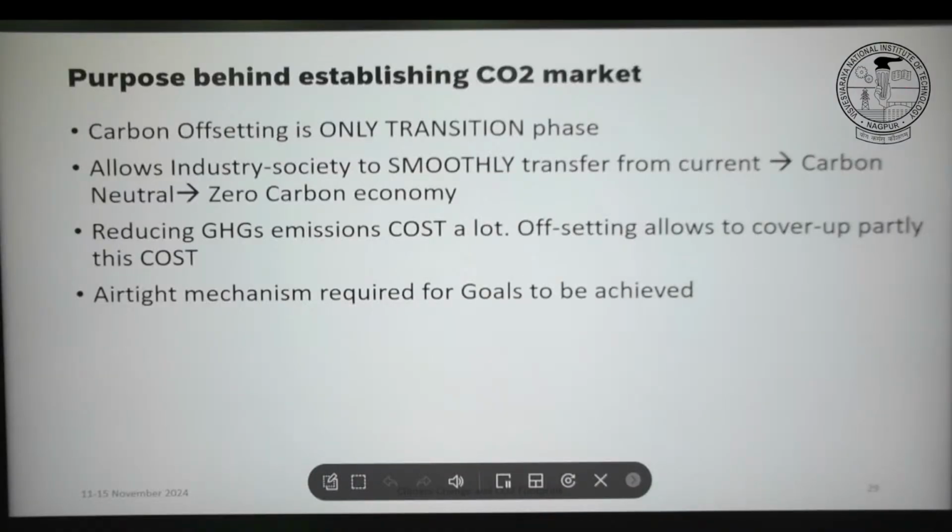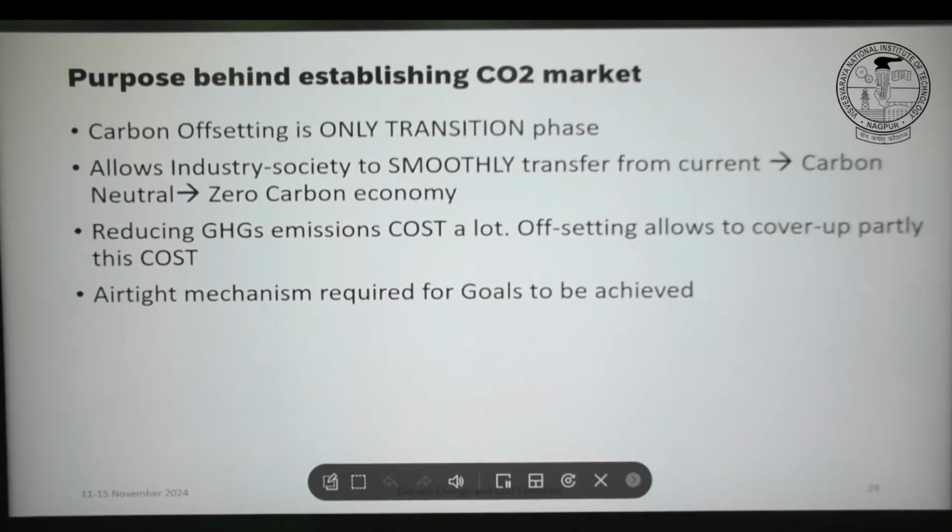So offsetting in the initial years they allowed, because this was the transition phase, to avoid this knee-jerk. You cannot simply go and tell them to stop doing what they have been doing for the last 20 years. We call it business inertia. That's also personal inertia. There is a societal inertia. You really need to be convinced of change.